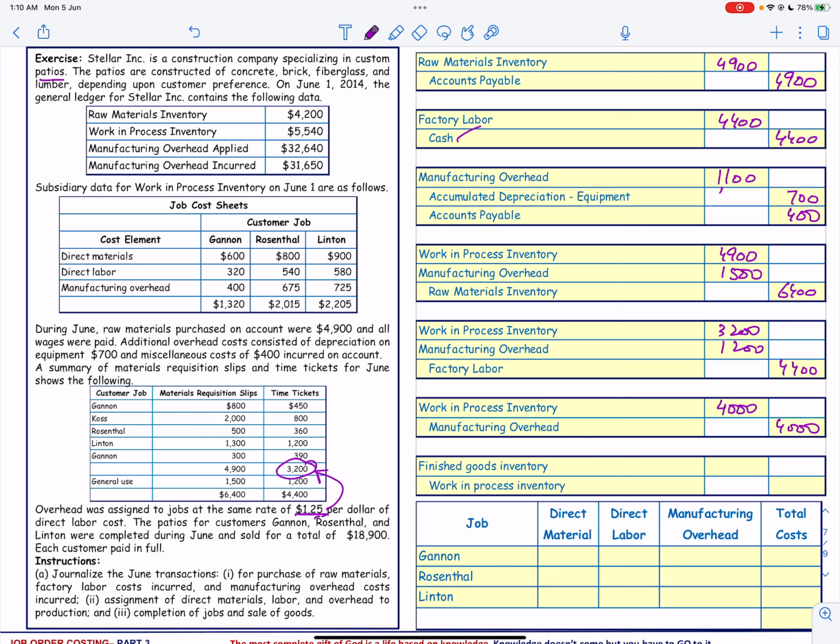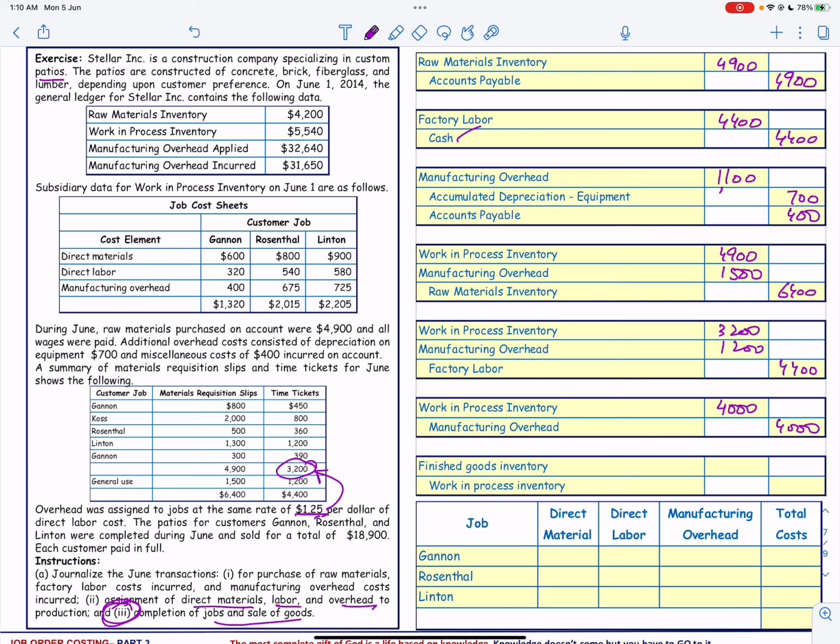Okay, so we have assigned direct material, labor, and overhead, and now we go to part 3, completion of job and sale of goods.